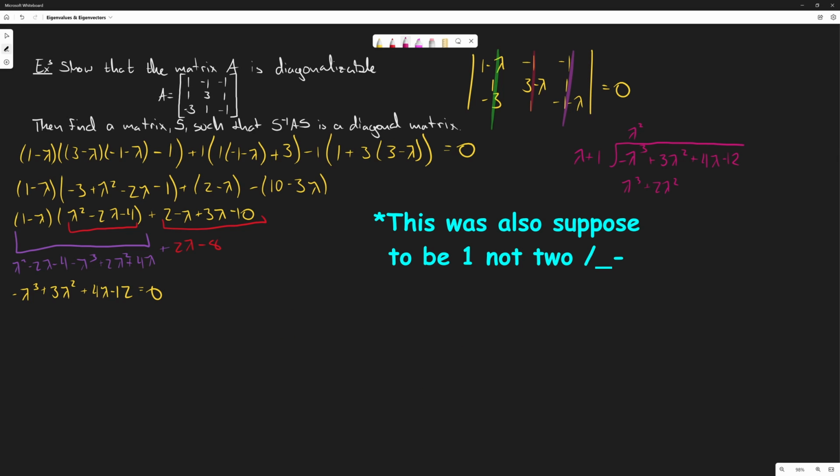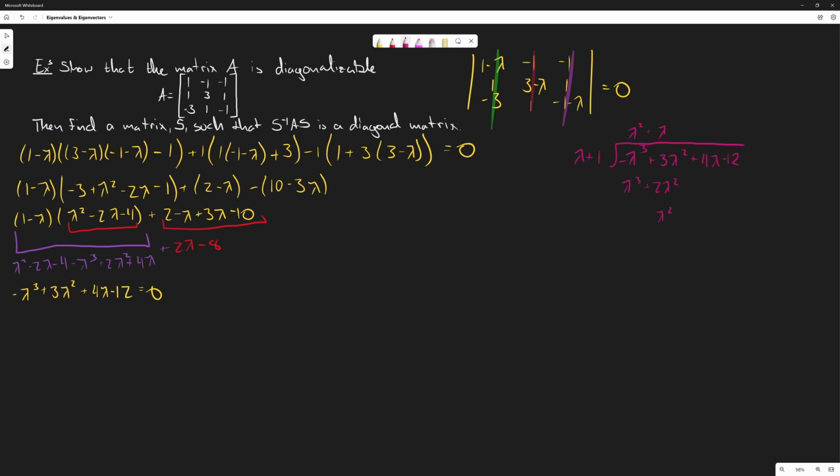So subtract that, we'll have lambda squared plus lambda, then 5 lambda, then plus 5, and this will give us negative 12, which is a remainder, which we don't want. So that means the plus 1 does not work. So we have to go up 1 and make it plus 2.